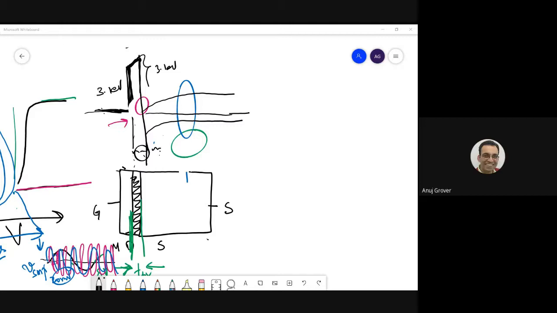Yes. Why not? Sir, because you told that the inversion layer is formed when the electrons from the source and drain come on the surface, and there is no source and drain here. No. I never said electrons from source and drain come on the surface for formation of the inversion layer.